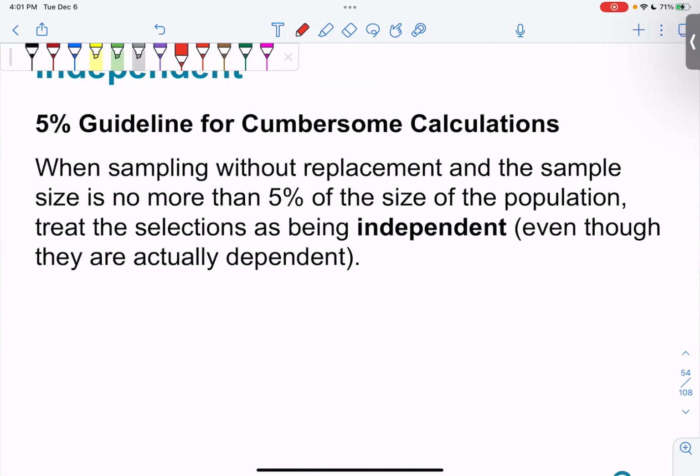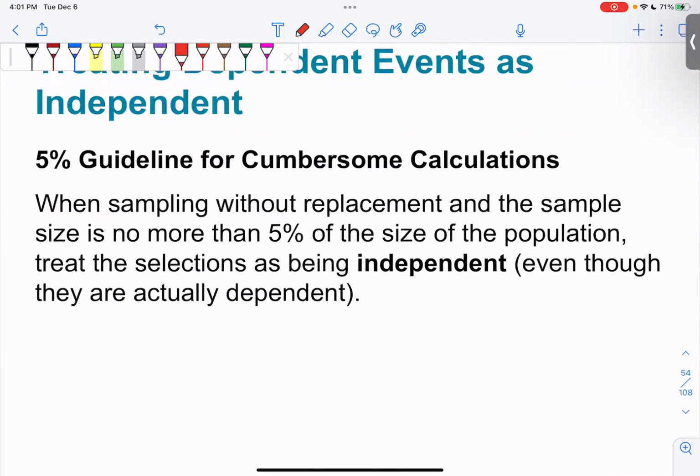So this is very important, the 5% guideline. We said the second requirement is that the trials must be independent. But if the sample size divided by the population size is less than or equal to 0.05, we can use binomial even if the trials are not independent.